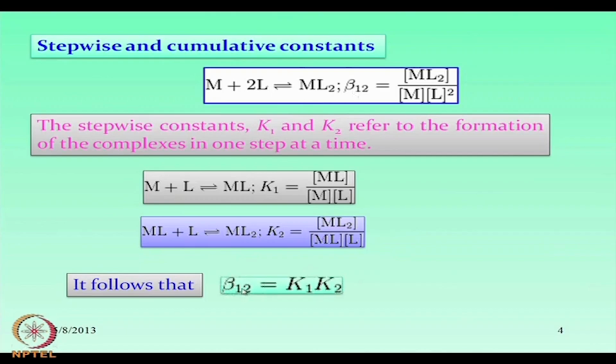That gives us an idea that the product of the stepwise formation constants is the corresponding cumulative constant for the complex formation.